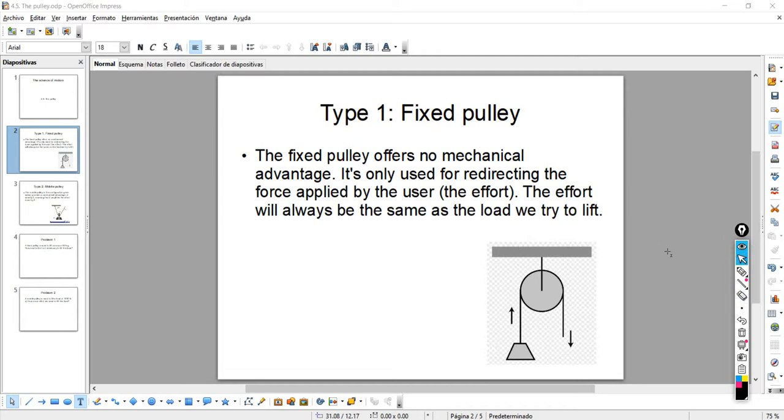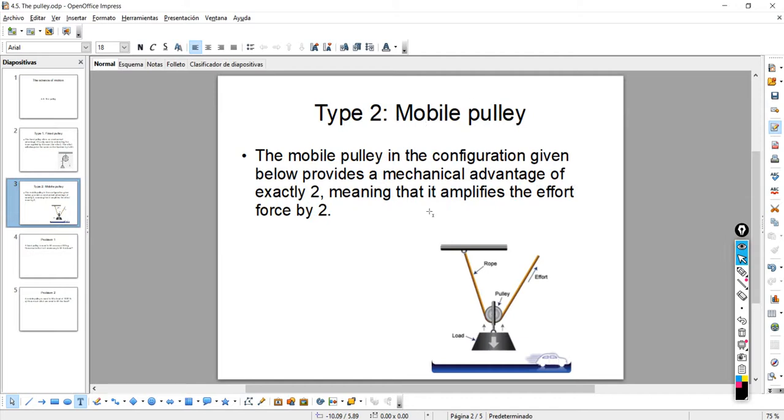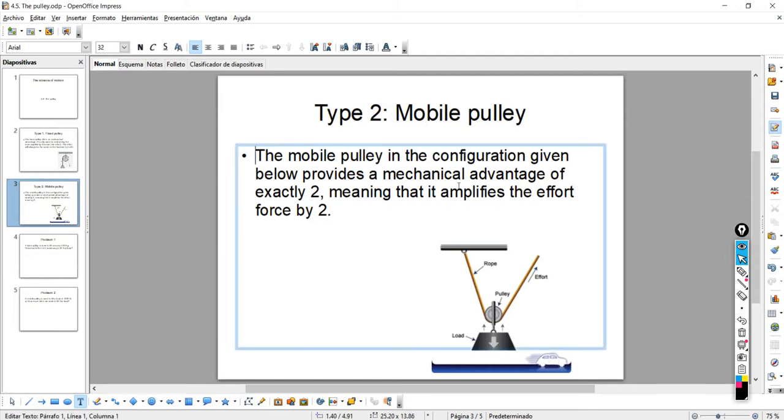Now the other type of pulley that we're going to take a look at is the mobile pulley. And let's read. The mobile pulley in the configuration given below, in this configuration specifically, because there are many types of mobile pulleys.